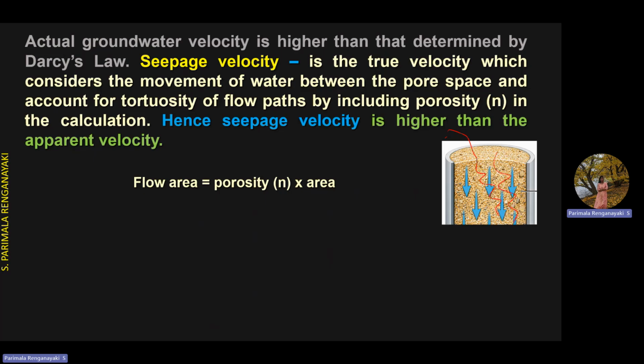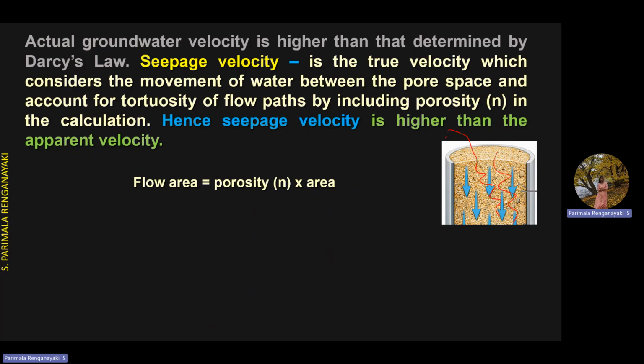It is not just passing like that. Seepage velocity is the true velocity, which considers the movement of water between the pore space and accounts for tortuosity of the flow path by including porosity in the calculation.